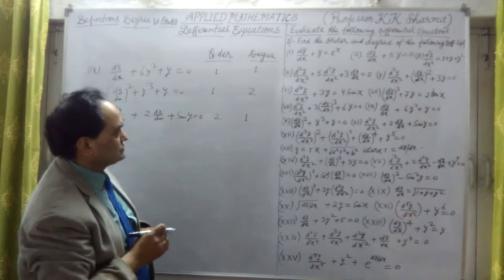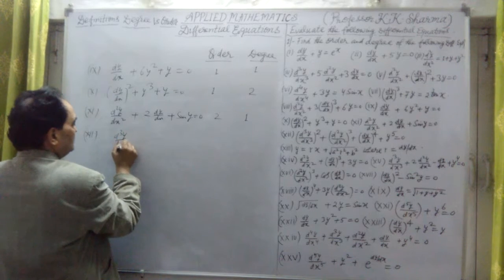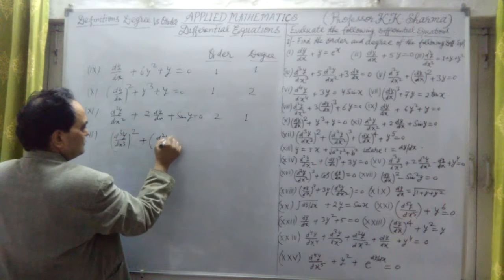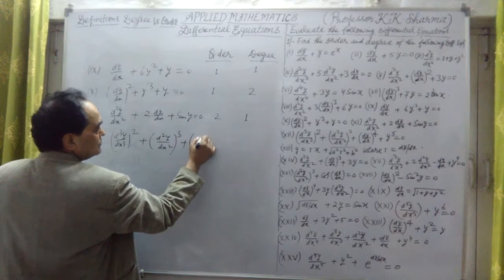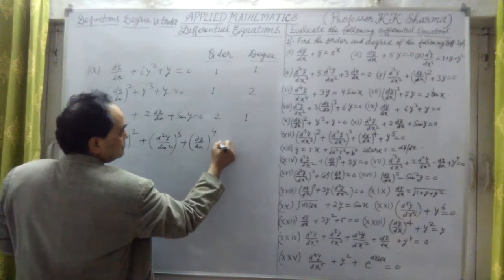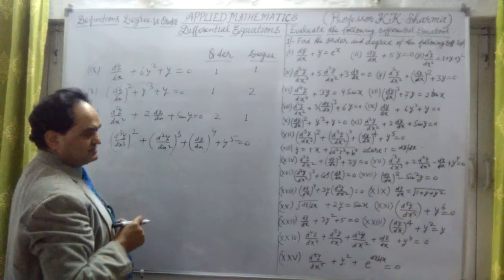Now 12th, question number 12. This is (d cube q by ds cube) whole square plus (d square y by dx square) whole cube plus (dy by ds) whole 4 plus 5y equal to 0. Now in this case, try to understand the order.